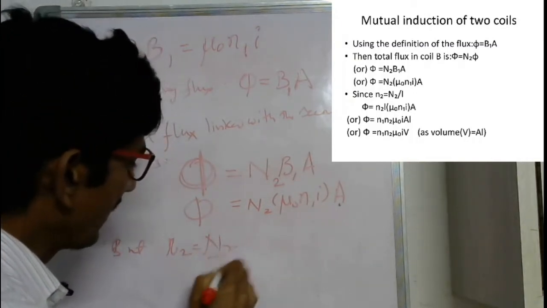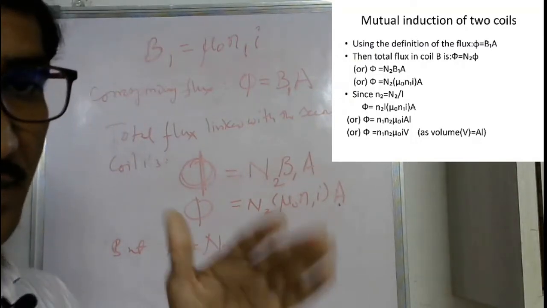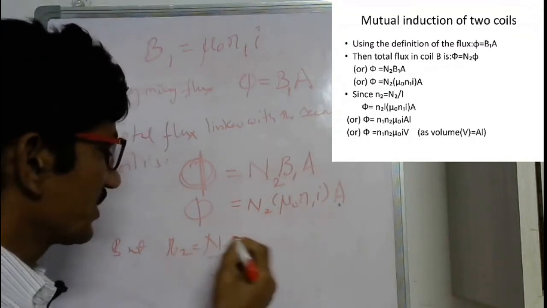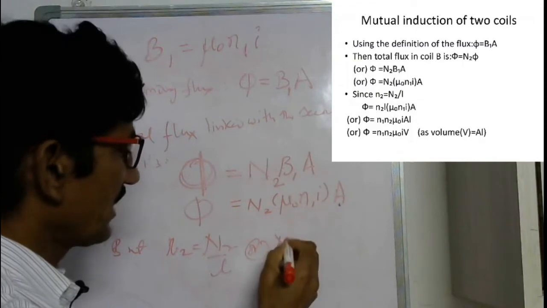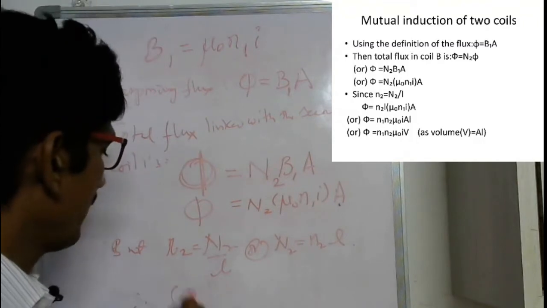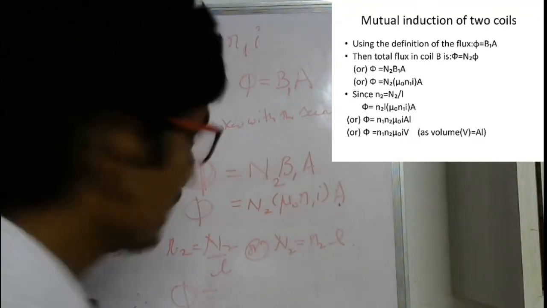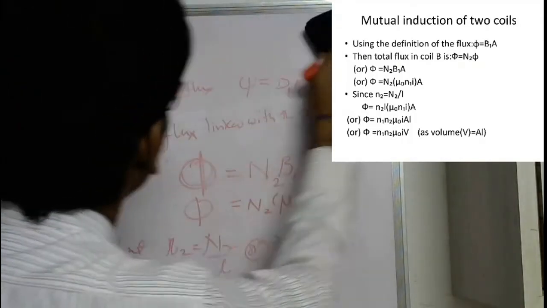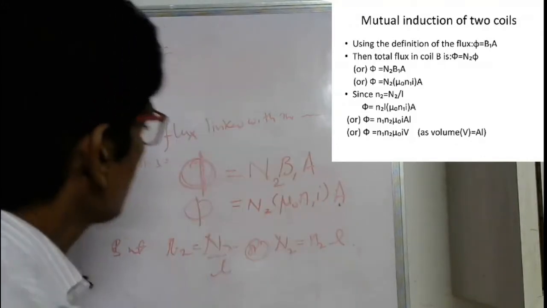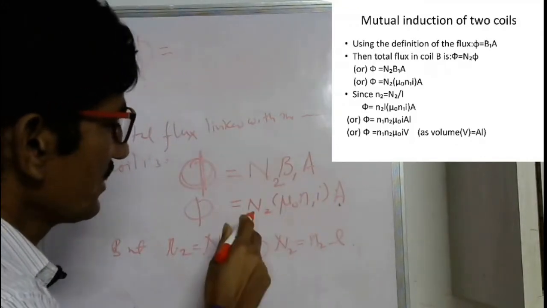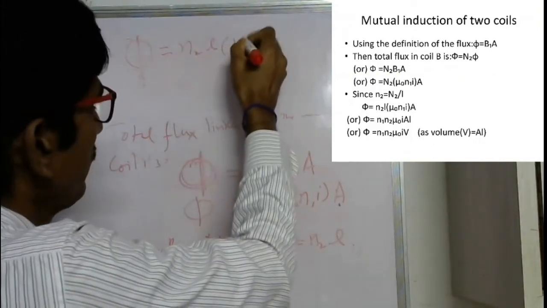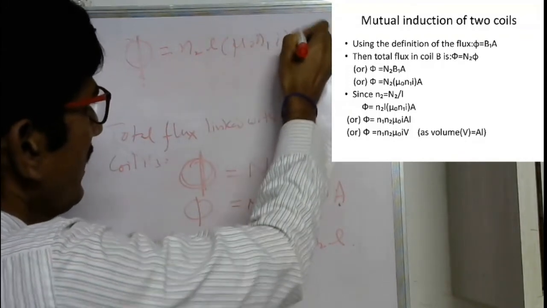Capital N2 by L, if L is the length of the second coil. So capital N2 is equal to small n2 into L. Therefore the total flux is small n2 L into mu naught n1 I A.